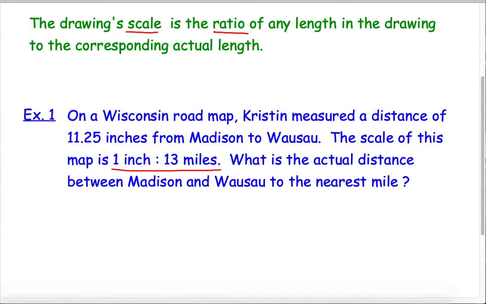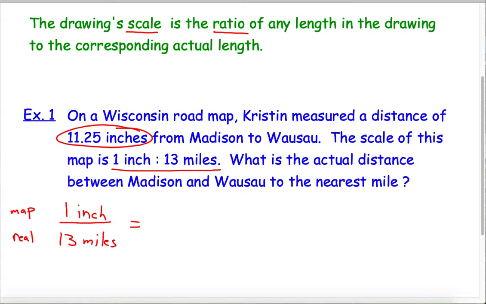All right, so let's start off with the scale that they give us, 1 inch, and I highly recommend putting the units on this because it helps you keep track of things. 1 inch to 13 miles equals, now what's the other number that they give us? 11.25 inches. Now, you could also write here, map, and then the real world, or the road.